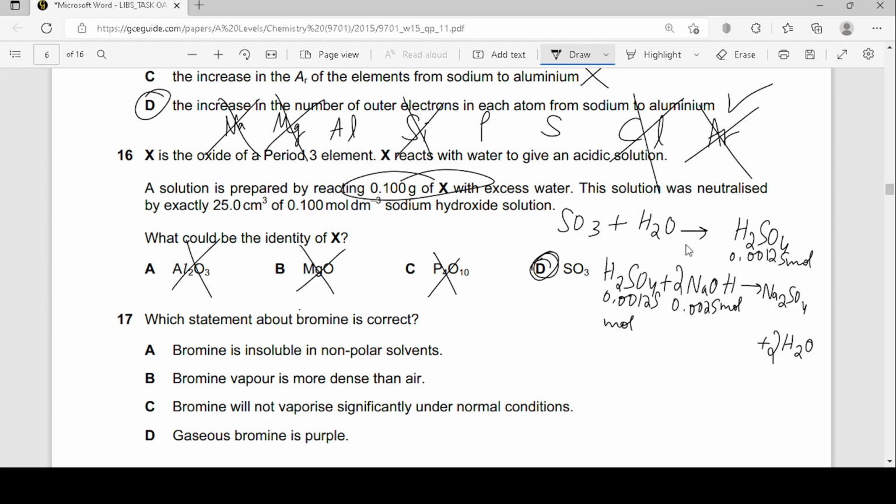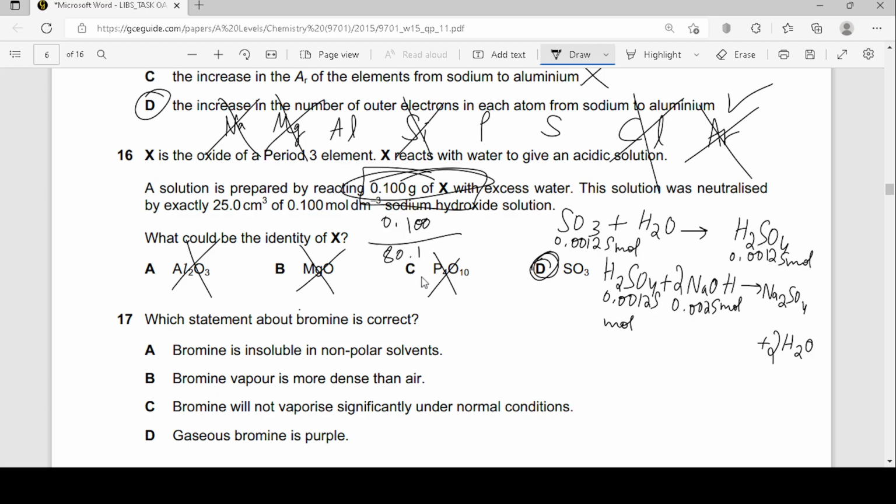Then the SO3 to H2SO4 is a 1:1 molar ratio, so that means this is also 0.00125 moles, according to when I go backwards in my calculation using concentration, the moles of sodium hydroxide. But if I do it using what they've given me, then the moles should be 0.100 divided by the MR of SO3, which is 32.1 plus 16 times 3, which is 80.1.